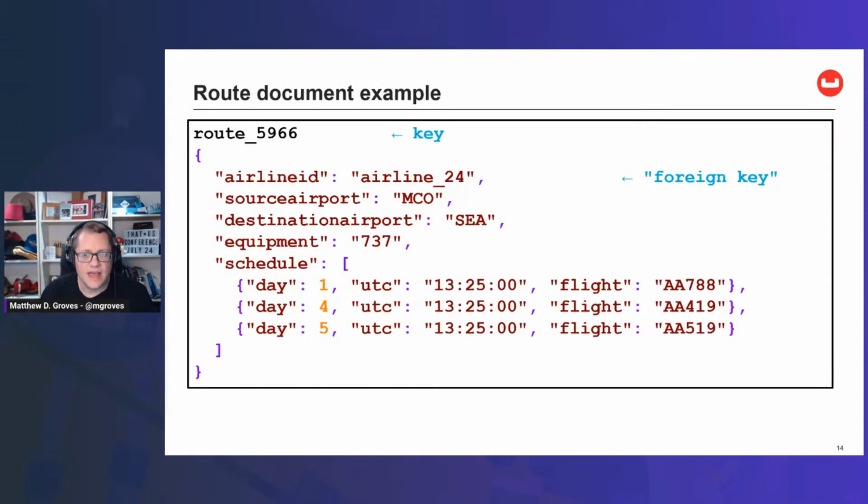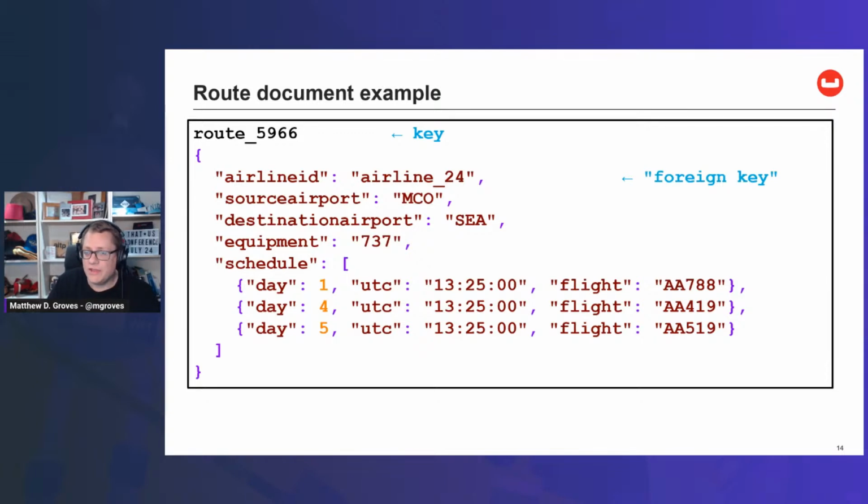This is from a sample database, and this contains travel information. This particular document exists in a collection. The collection is called route, so it's a bunch of routes. It's kind of like a table, if you go back to that last chart. It does not have enforced schema or constraints.